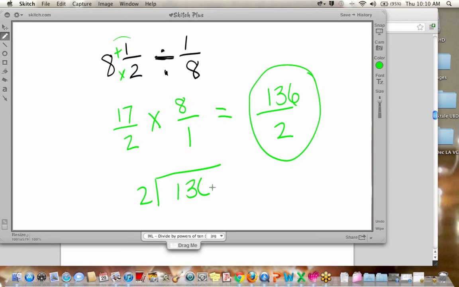So see how many times 2 fits into 136. Go for it. 136 divided by 2. Good job, Dakota.